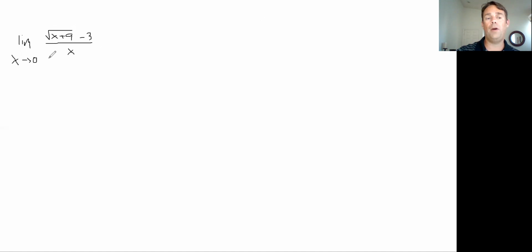So if I plug in my 0 in here, I get root 9 minus 3 over 0. So again, I end up with something that is indeterminate form. In other words, the form doesn't work.